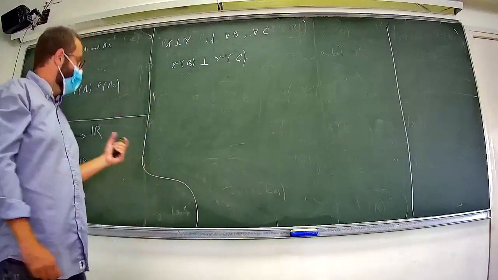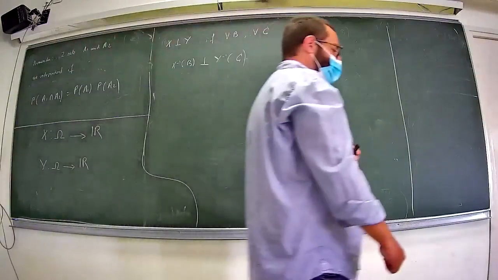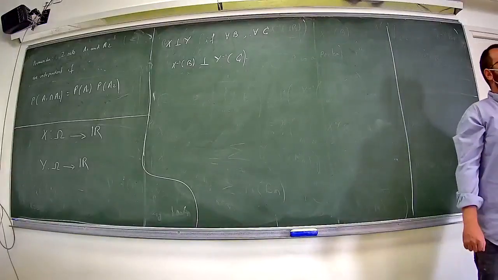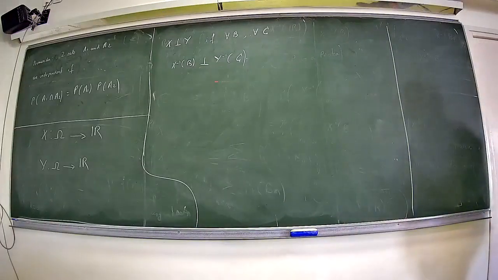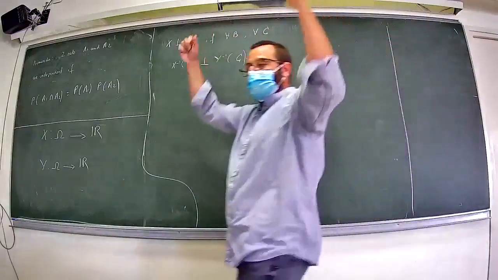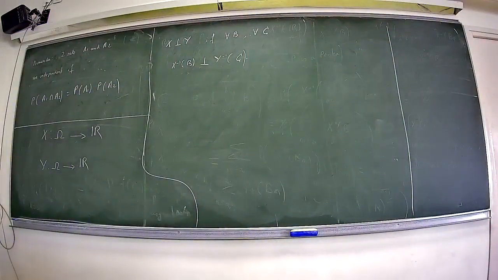So to say that two random variables are independent just means that all the associated possible preimages are independent in the sense of sets. So it's just an extension of what happened in the case of sets. And for random variables, it has to work for all possible preimages. It's exactly what I have written in the definition.